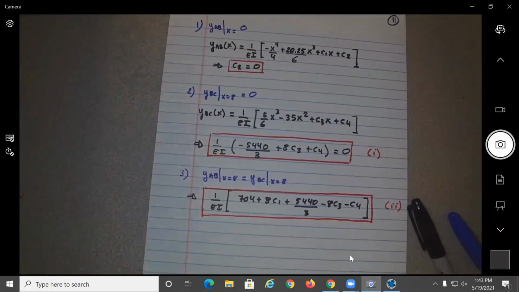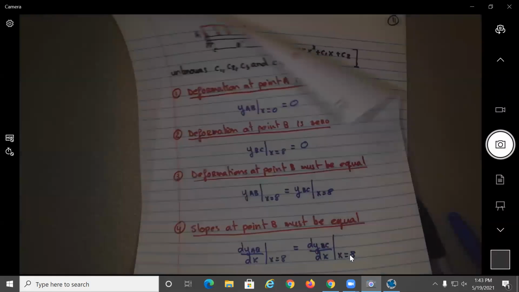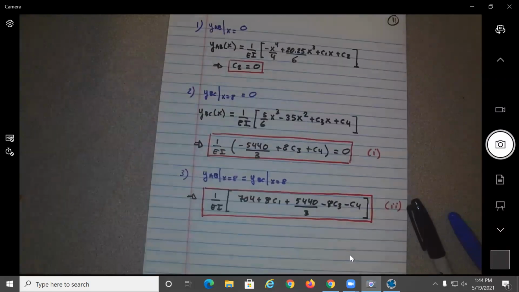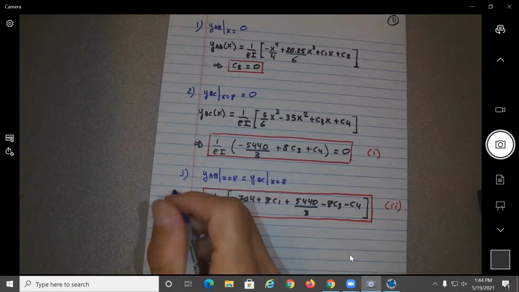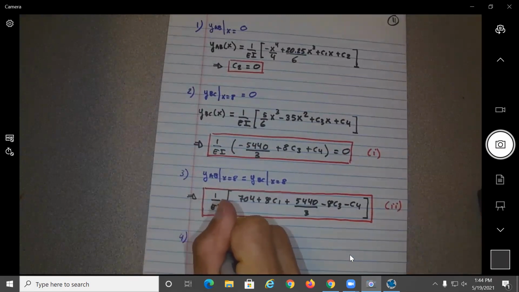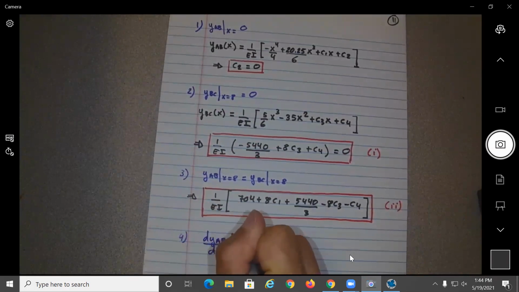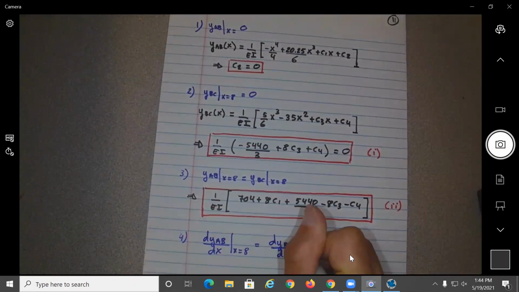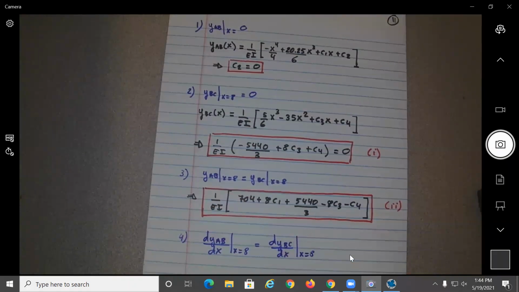What is the last boundary condition we can apply? That the slope at the two points are equal. So we can now use the last equation, which is going to give us that dYAB/dx at x equal 8 must be equal to dYBC/dx at x equal 8.